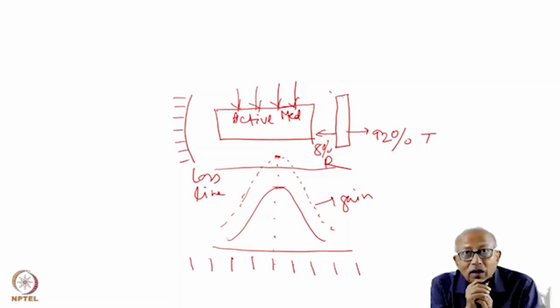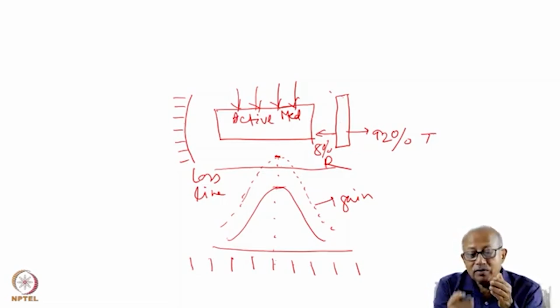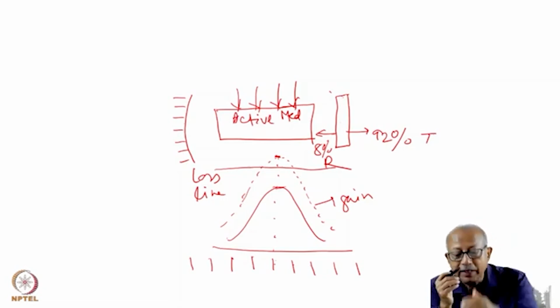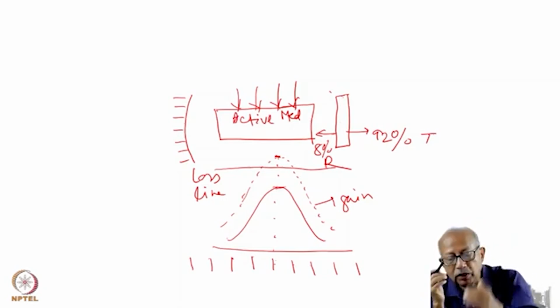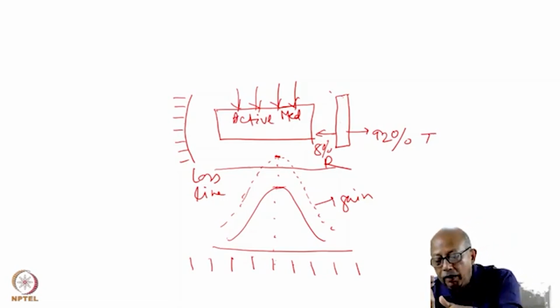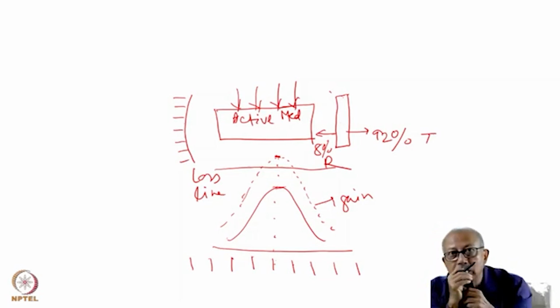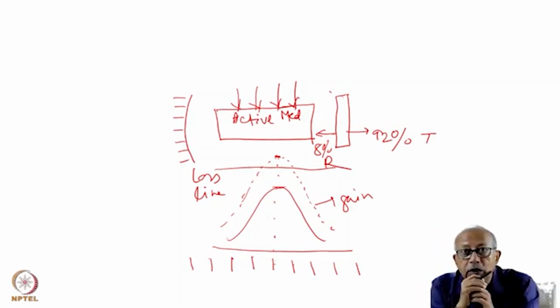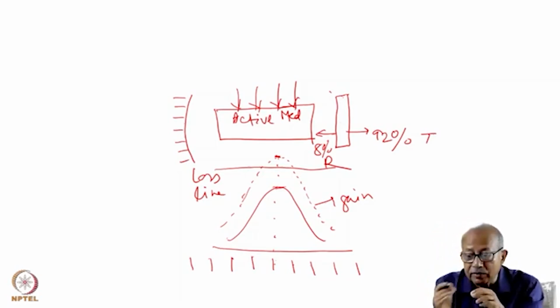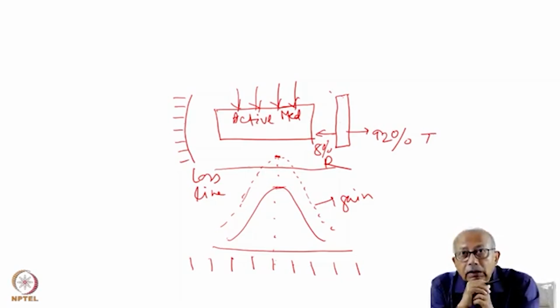But pumping so hard that the gain can be so much higher that even in a cavity with 92% loss, a 92% lossy cavity, the gain can exceed the loss, is not a very simple affair.